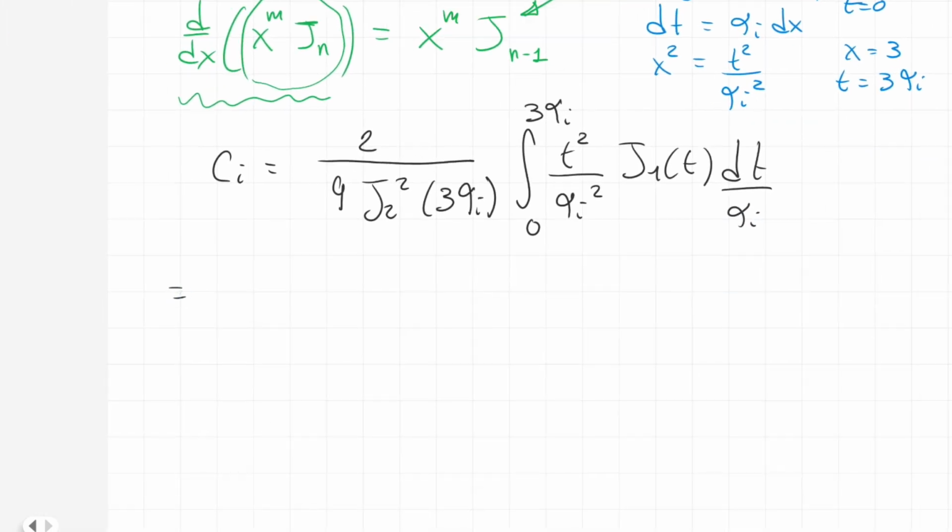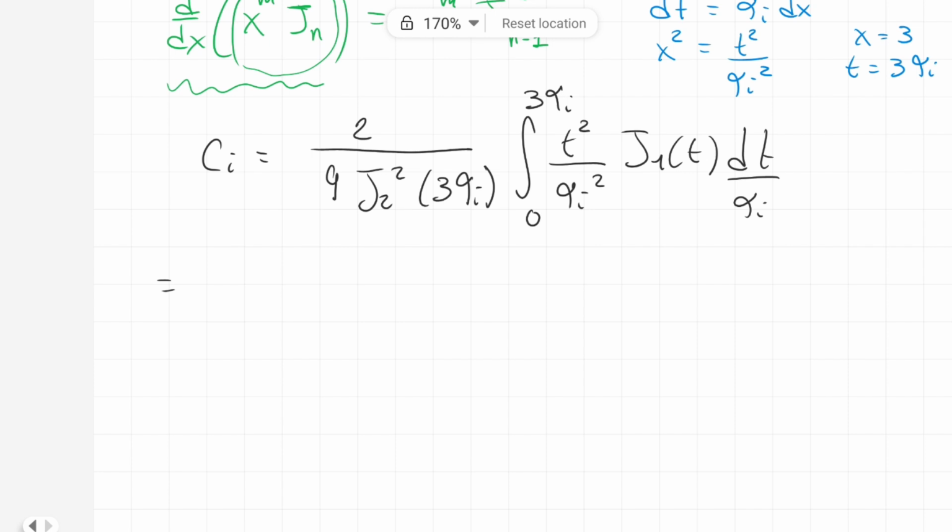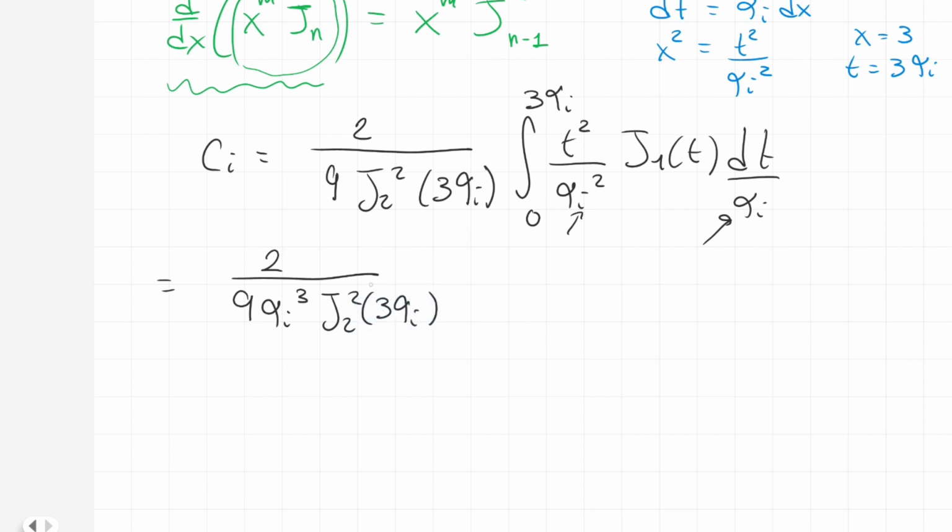So here we can simplify a little bit to get 2 divided by 9 alpha_i to the third power, just by taking these two elements out of the integral, and then J_2 squared of 3 alpha_i, and then the integral from 0 to 3 alpha_i of t squared J_1 t dt.